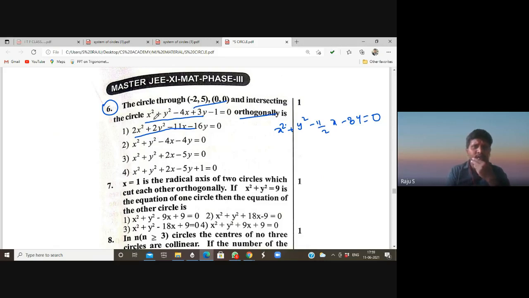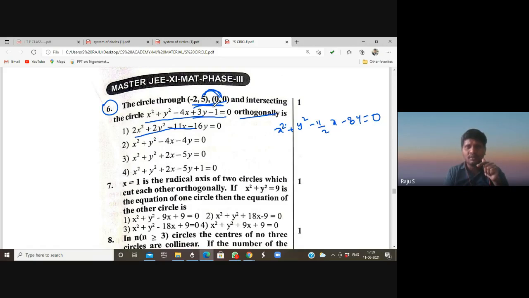Okay, and you can substitute the two given points, the circle through these 2 points. Check which of the following options satisfy these 2 points. If all options satisfy, then you can go for the orthogonal condition.